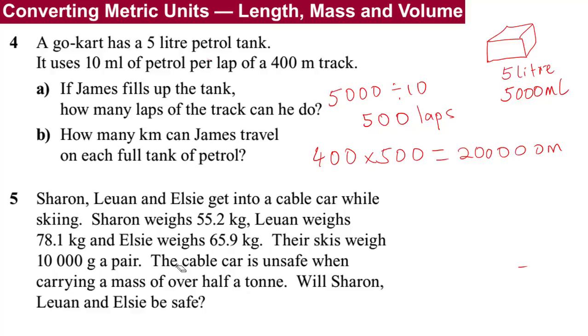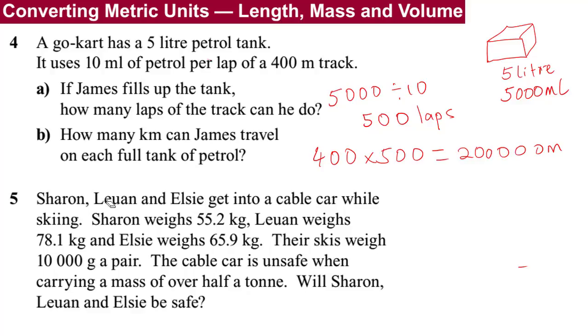Now, the cable car is unsafe when carrying a mass of over half a ton. Will Sharon, Louis, and Elsie be safe? Right. So the first thing you need to know is what weight they all have altogether, so putting their weights up altogether plus that one of the skis.